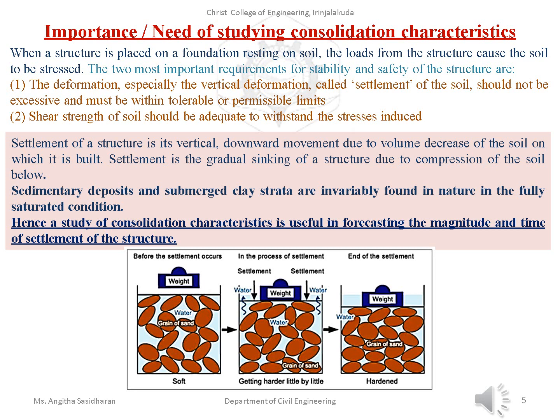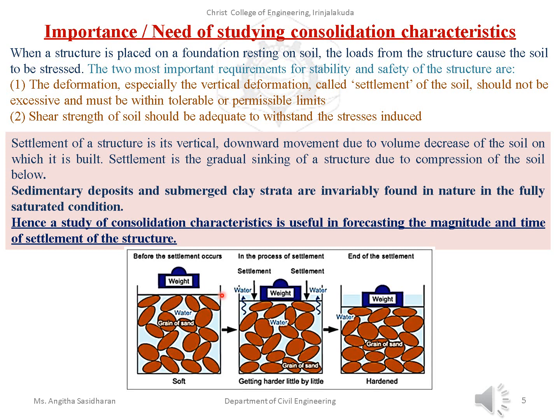In this figure you can see a soil mass. It is fully saturated, with sand particles and water. A weight is about to be placed over that soil mass, before the settlement.